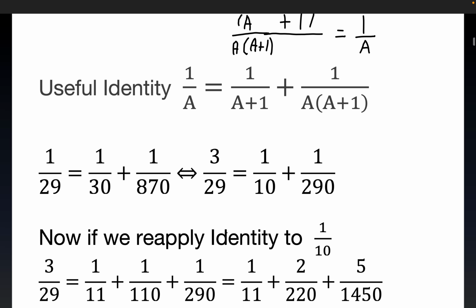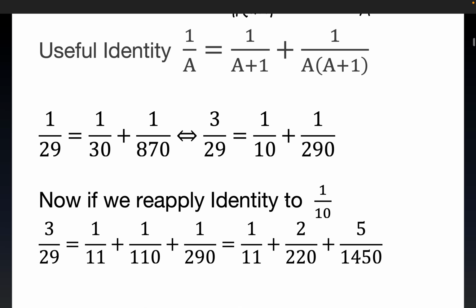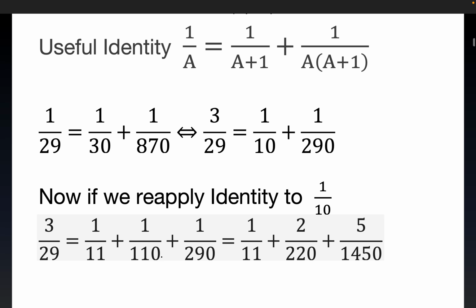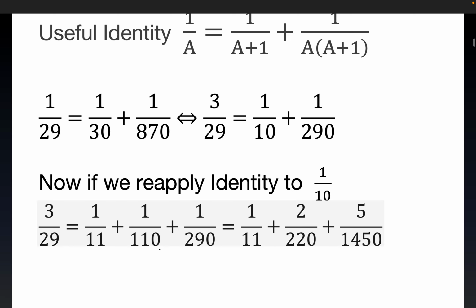We'll use 1/10, and 1/10 will get replaced by 1/11 plus 1 over 110. You see what happened there, folks? Again, the 1 over 290 stayed, okay? So we use that identity twice to get something that puts us in a position to solve this.